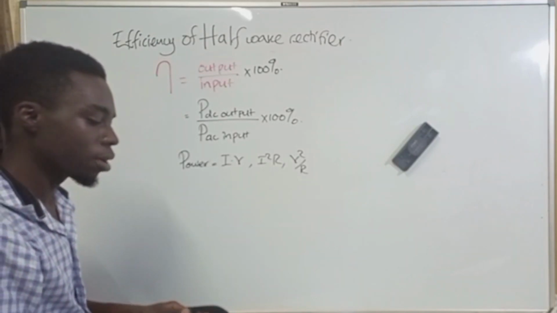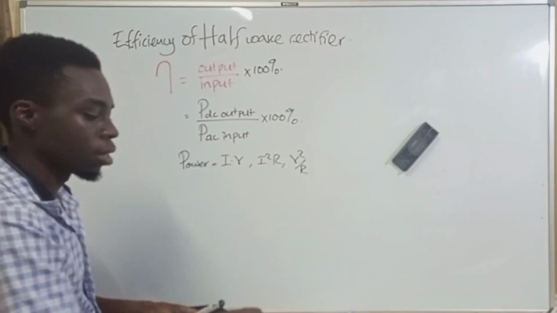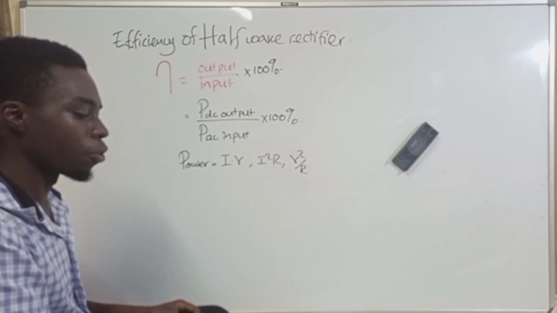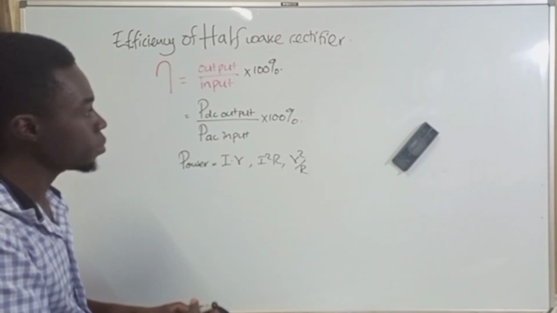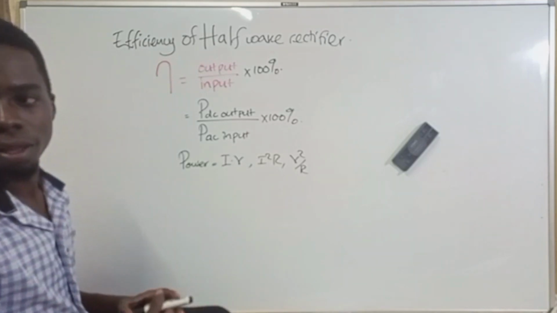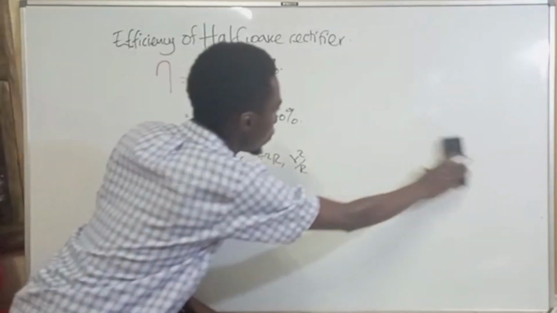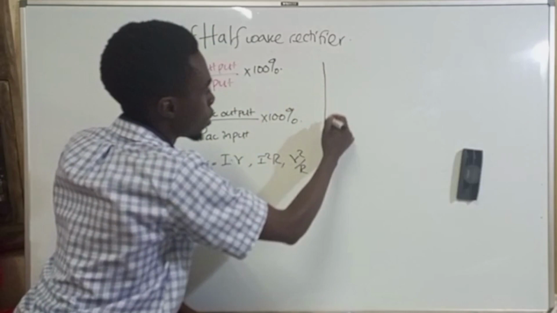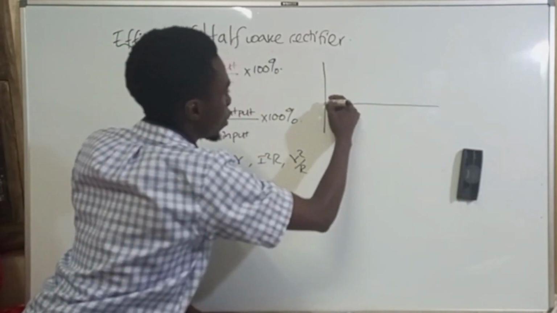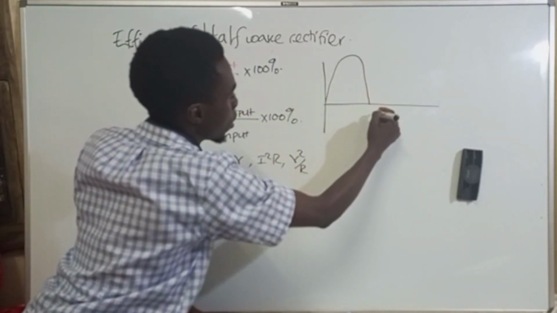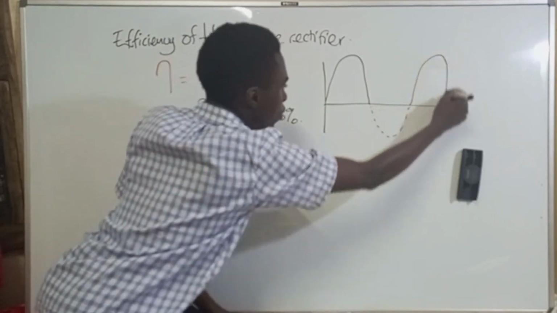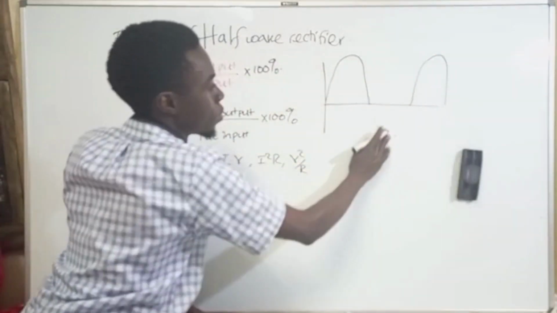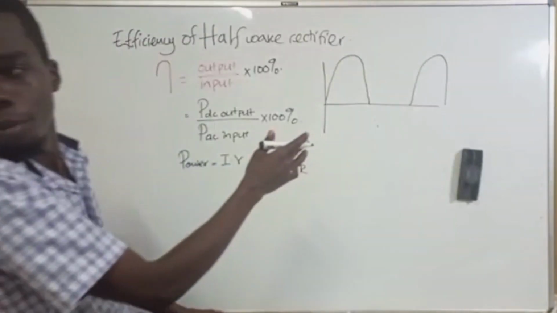So let's say we want to look at the output DC power. I'm going to refer to the wave diagram. Our wave diagram of the output was like this. It wasn't conducting for this cycle, and then conducted for this cycle. I hope that end of the board is still clear.